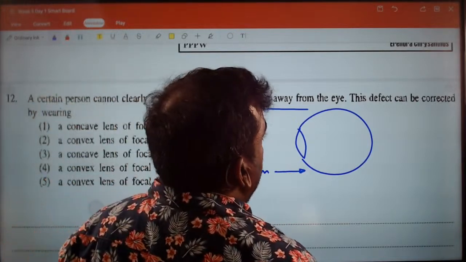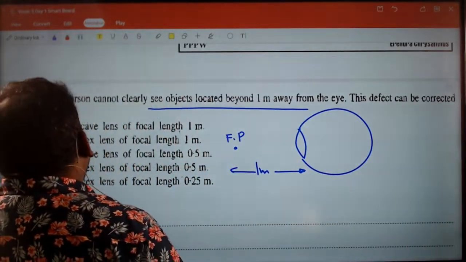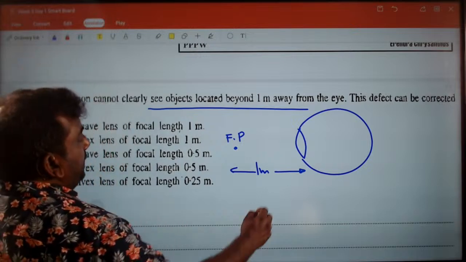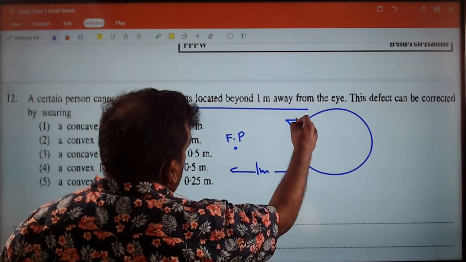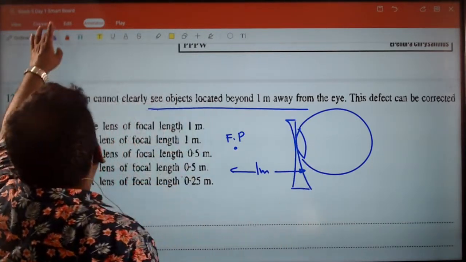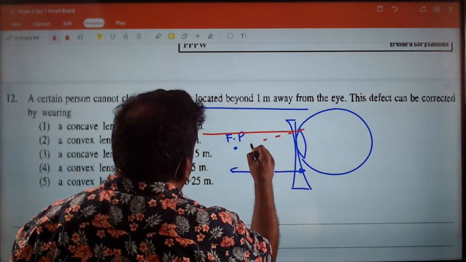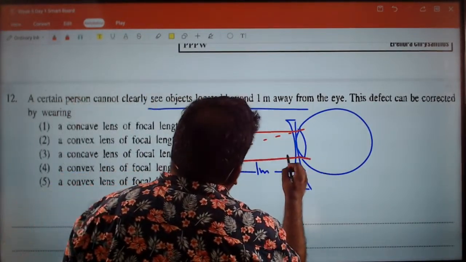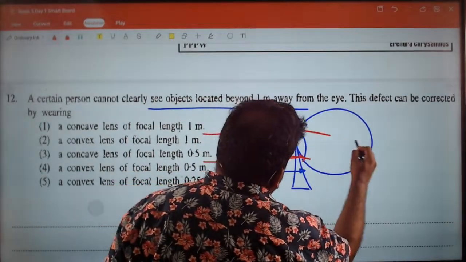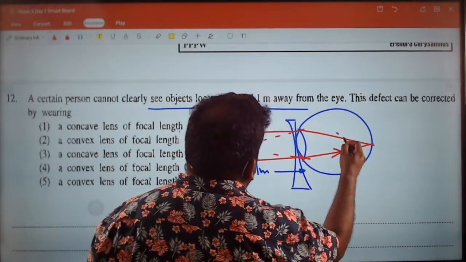This defect can be corrected. So how do you correct it? But make sure infinity can be seen. Light rays coming from infinity should form the image there.